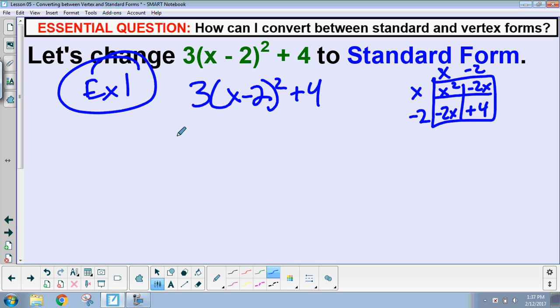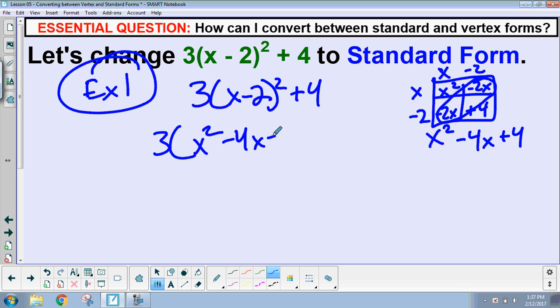So my next line will be 3 times x squared. Don't forget to add your diagonals. There you go, moving that over here. X squared minus 4x plus 4, and then plus 4 again.